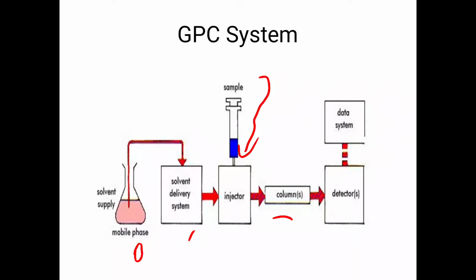The separation occurs on the basis of molecular size, and after separation a detector detects the molecules, and we get the data in the form of a graph of the separated components.